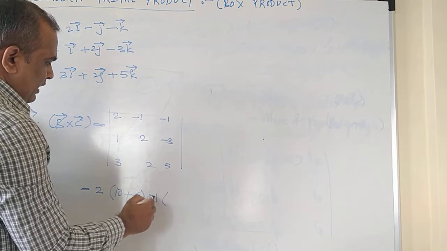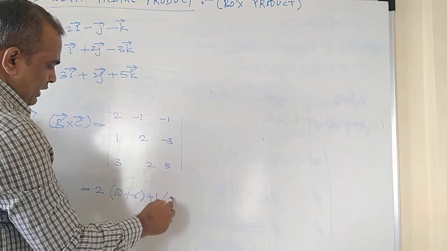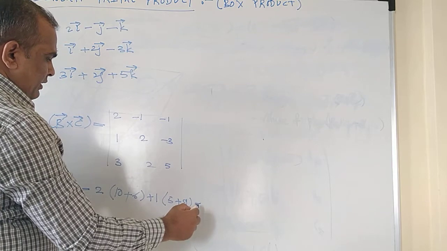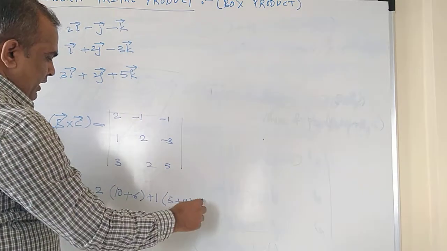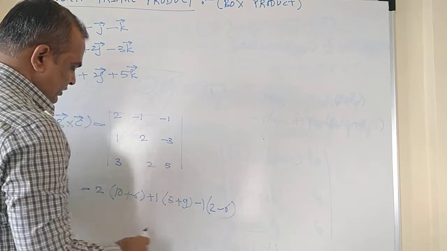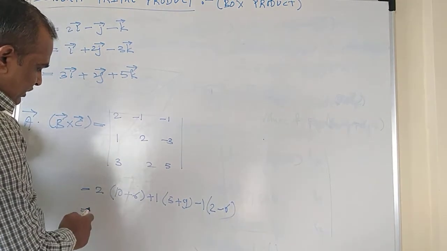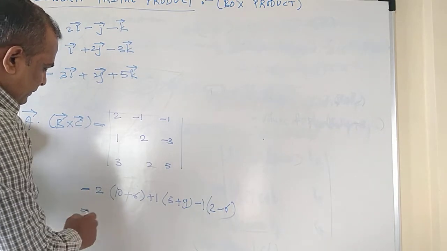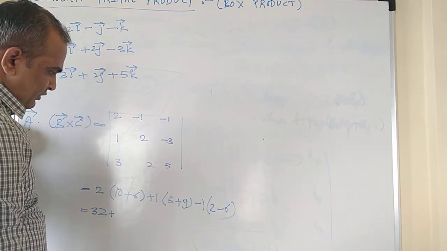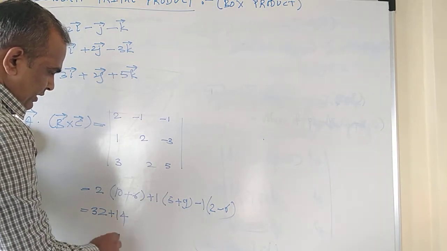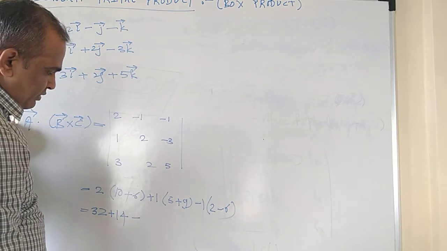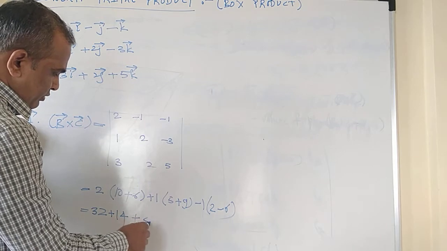Minus minus will be plus 1 into 5 plus 9, which is 14, minus 1 into 2 minus 6, which is minus 4, so minus minus plus 4.